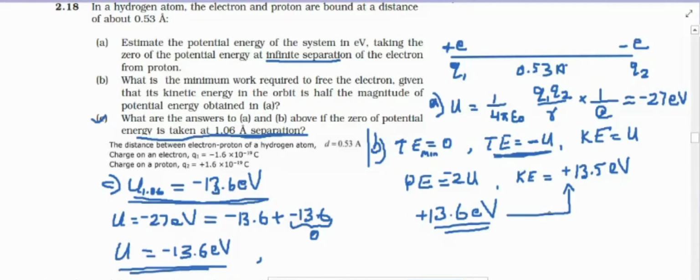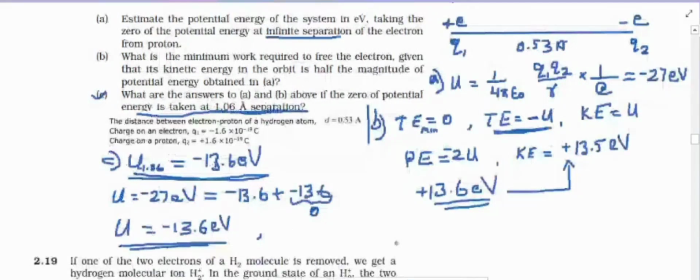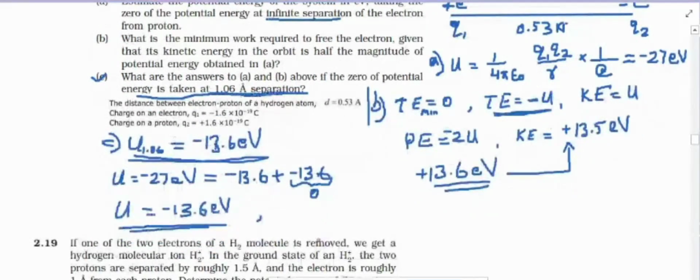As it depends on the mass and velocity of the electron, whatever reference point we have used for calculating potential energy will not affect the kinetic energy of the electron. Therefore, the answer to A we have calculated already. For the answer to B, there is no change. So no change for the part B answer. Whatever reference point you have taken for potential energy, that remains plus 13.6 electron volt.